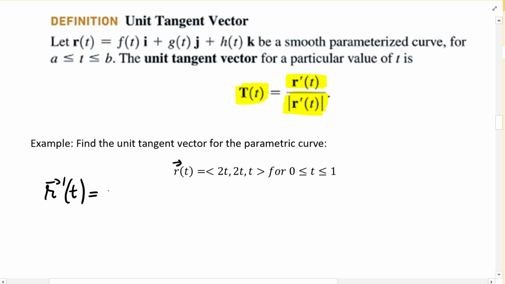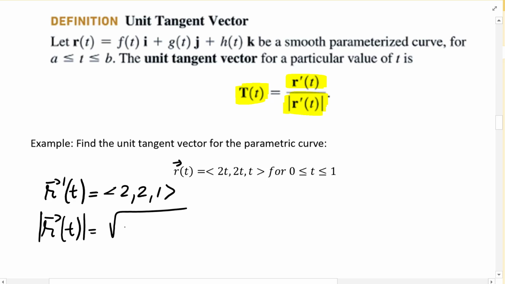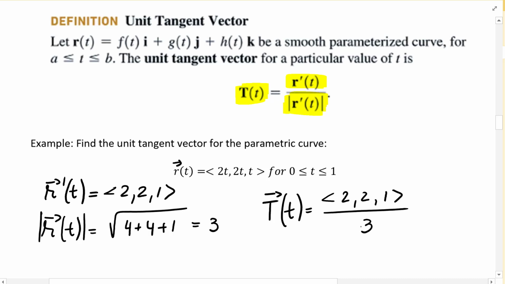So r prime of t is 2, 2, 1. The magnitude of this one is square root of 2 squared, 4, plus 2 squared, 4, plus 1. So that's square root of 9, which is 3. So the unit tangent vector T is given by 2, 2, 1 divided by 3. So it's equal to 2 over 3, 2 over 3, 1 over 3.